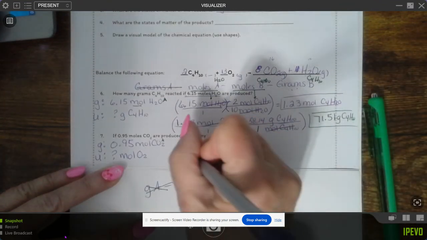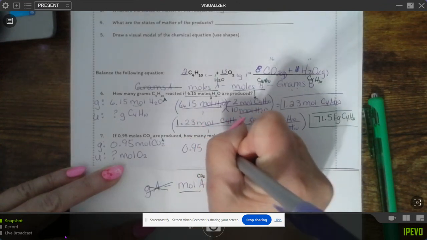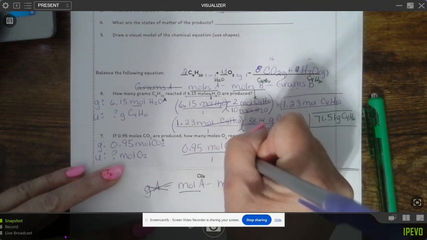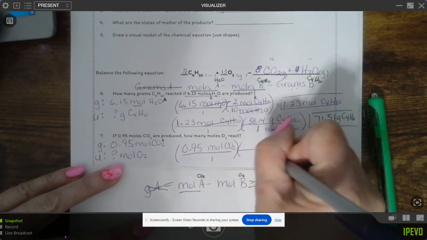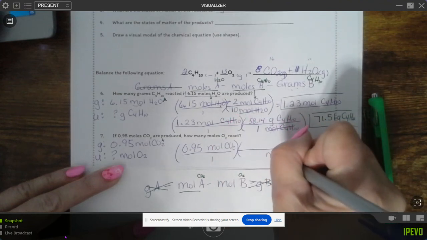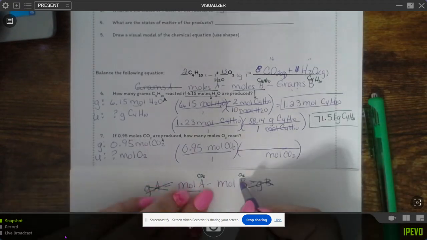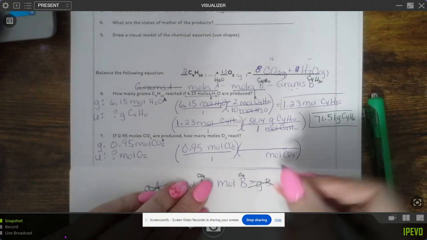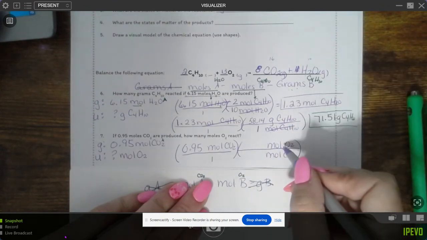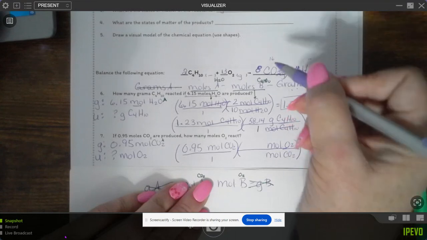Okay, so I'm going to write my given, 0.95 moles of carbon dioxide over 1. Units: moles of carbon dioxide come down so they cancel out. On the top is what I'm looking for, so moles of O2. I have moles of one thing over moles of another thing, so that's where I look for the coefficients up here.